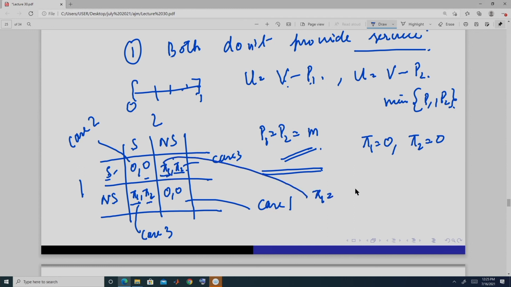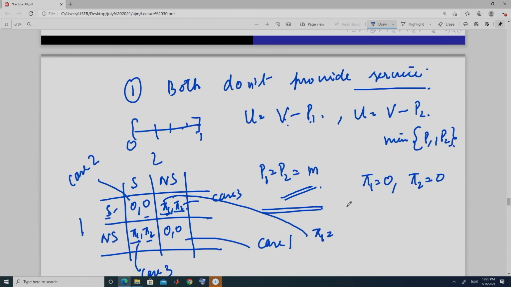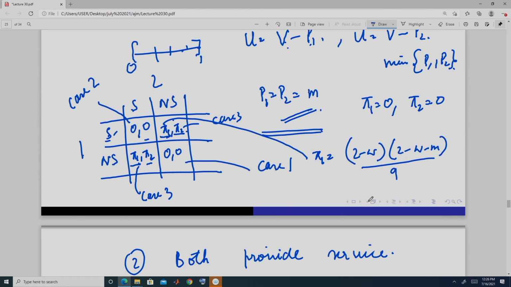This is the profit: (2 minus w)(2 minus w minus m) divided by 9, and profit of firm 2 is (1 plus w)(1 plus m) divided by 9, and it will be opposite here.